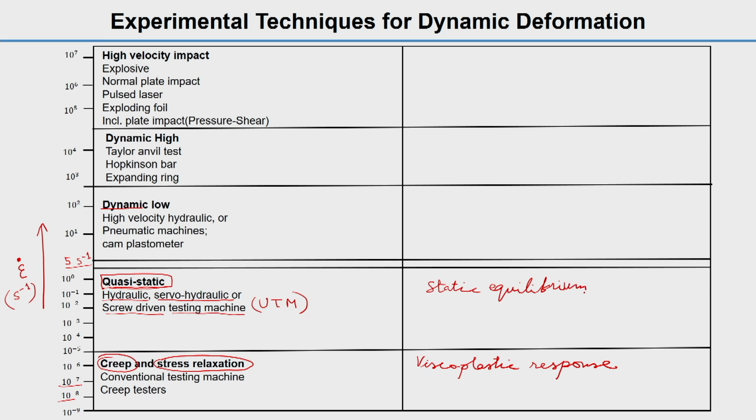These machines test with constant crosshead velocity, and we assume that the stress is the same throughout the length of the specimen.